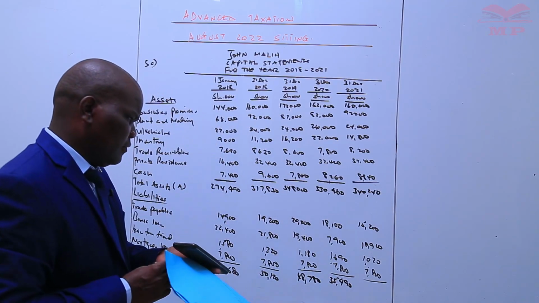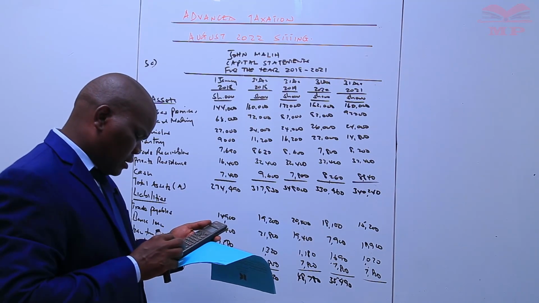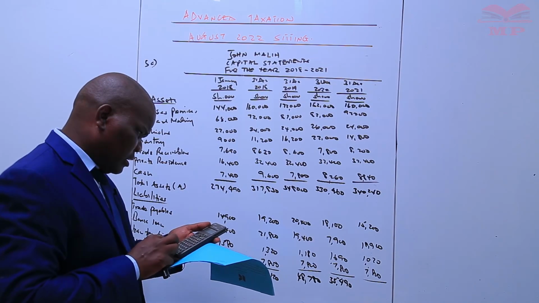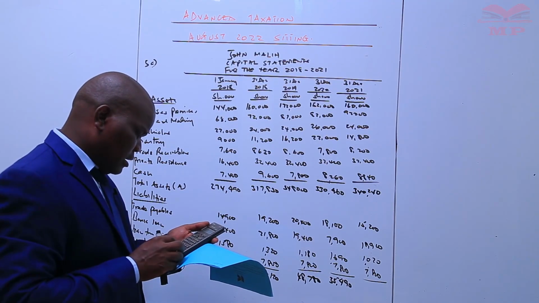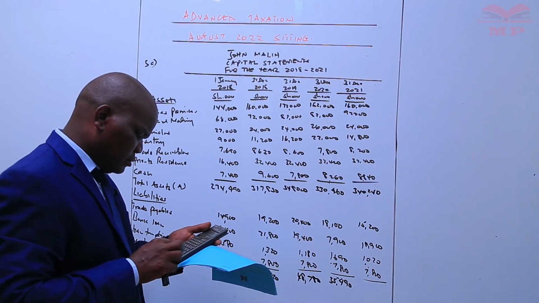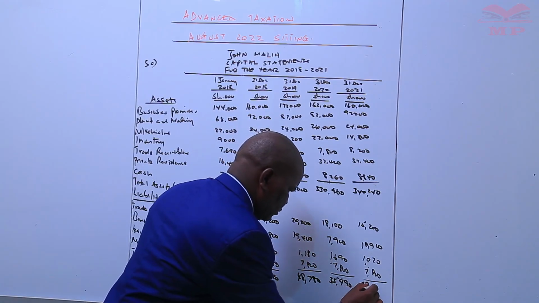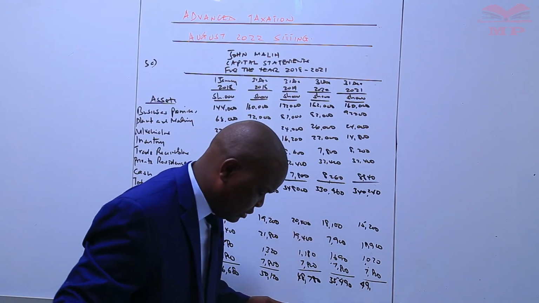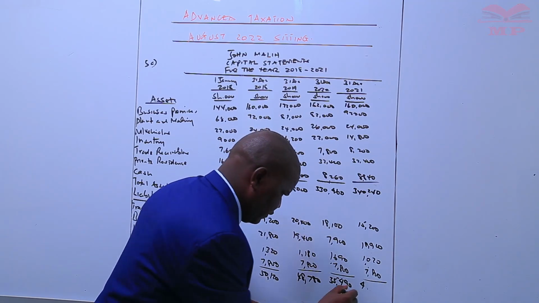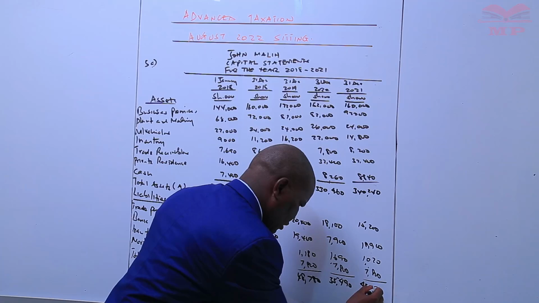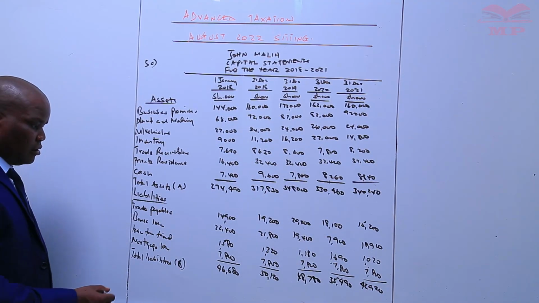And lastly, 15,200, 18,900, 1020, and 7,800. 42,920. The next step now is to get capital or net worth.